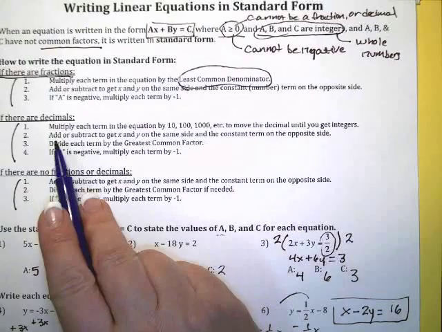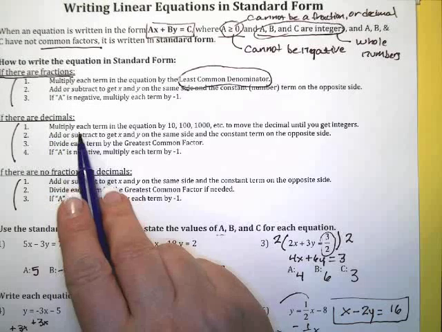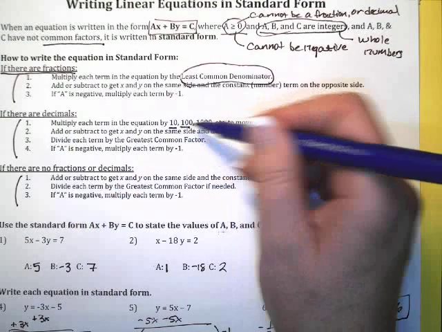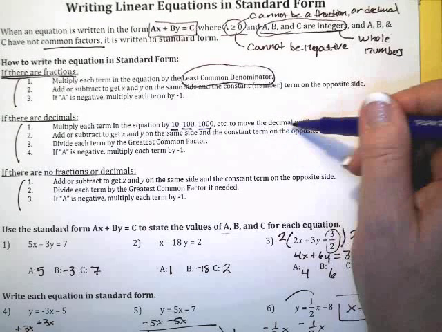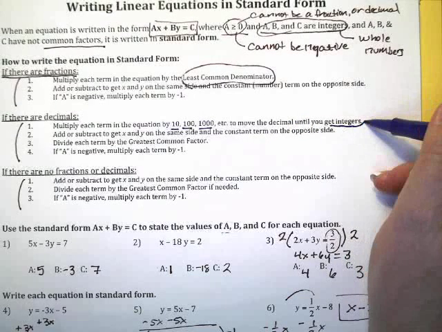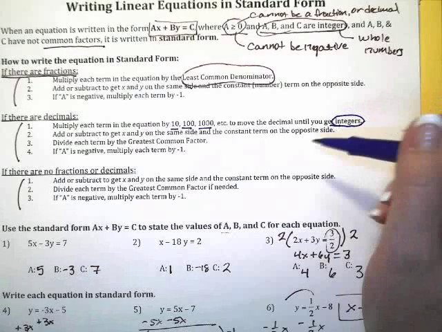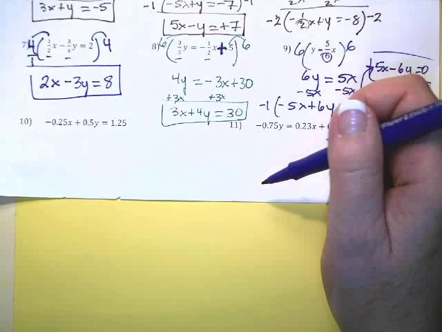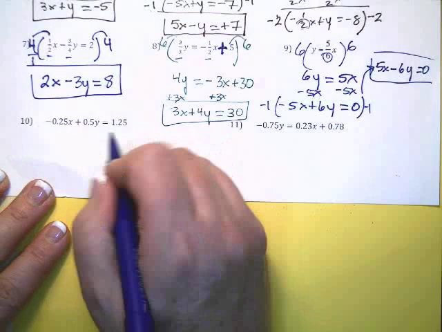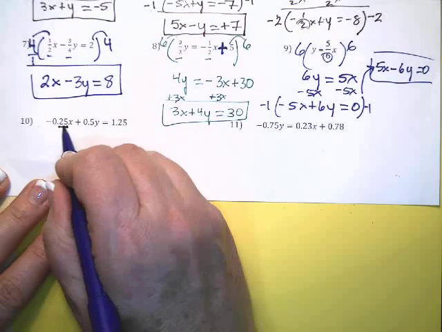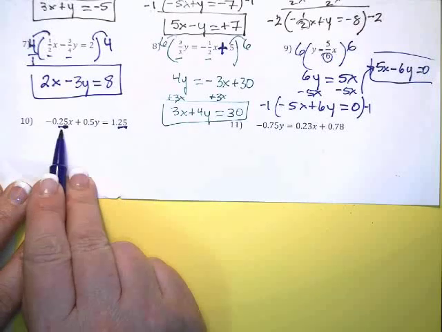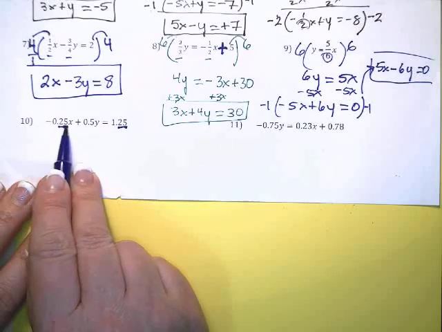Okay, the last two problems give us decimals. So let's go back up here to decimals. If there are decimals, multiply each term in the equation by either 10, 100, 1000 to move the decimal until you get integers or whole numbers. So let's go ahead and look at our decimals on number 10. And it looks like we would need to multiply by 100 because we have decimal places in the hundreds.